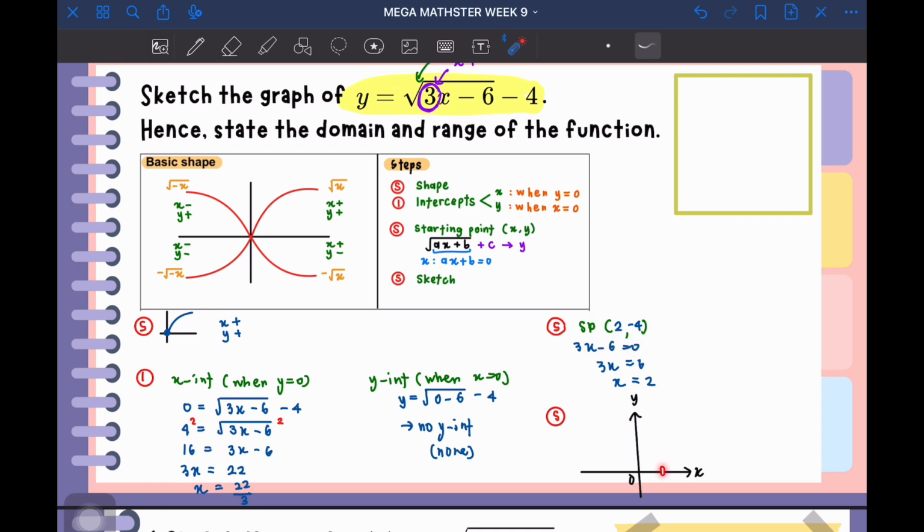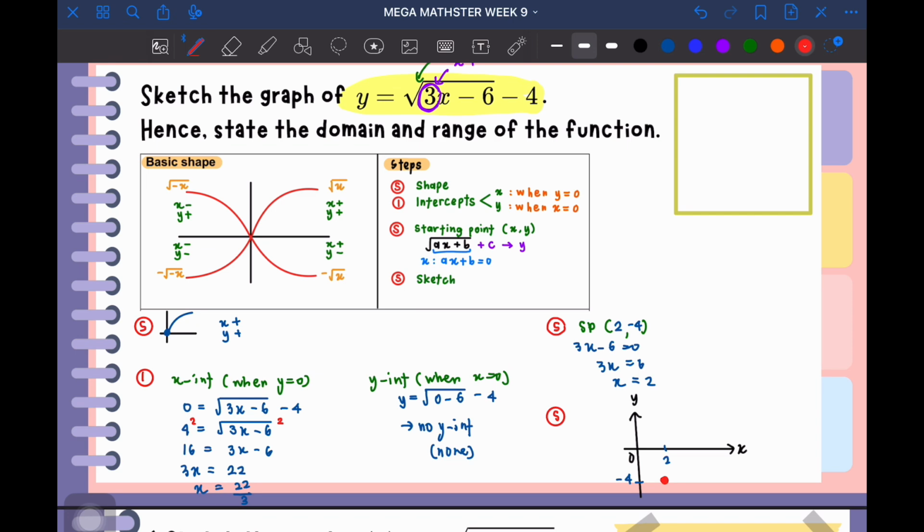So 2 is here, -4 is somewhere down here. Okay, means that it's over here. So let's just move our graph a bit like this. Okay, so 2 is over here, and then -4 is over here. Okay, so we know that our graph will start from here.